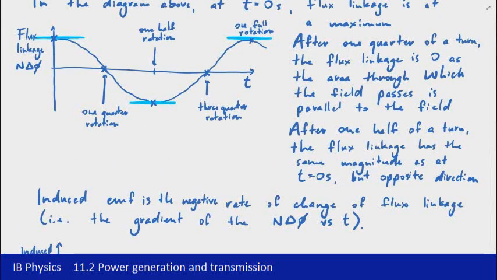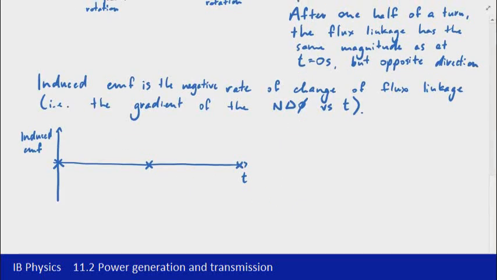Now if we look at 1/4 of a rotation, that's where we're going to have the maximum slope, and so maximum EMF. Keeping in mind that here the gradient is negative, so that gradient there is a negative value, which means that the EMF at that point will actually be a positive.